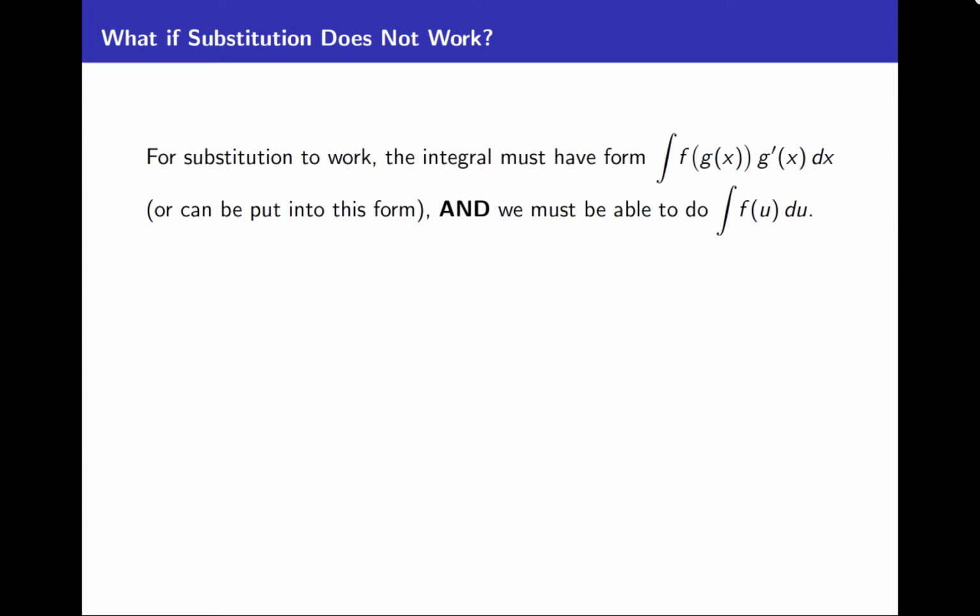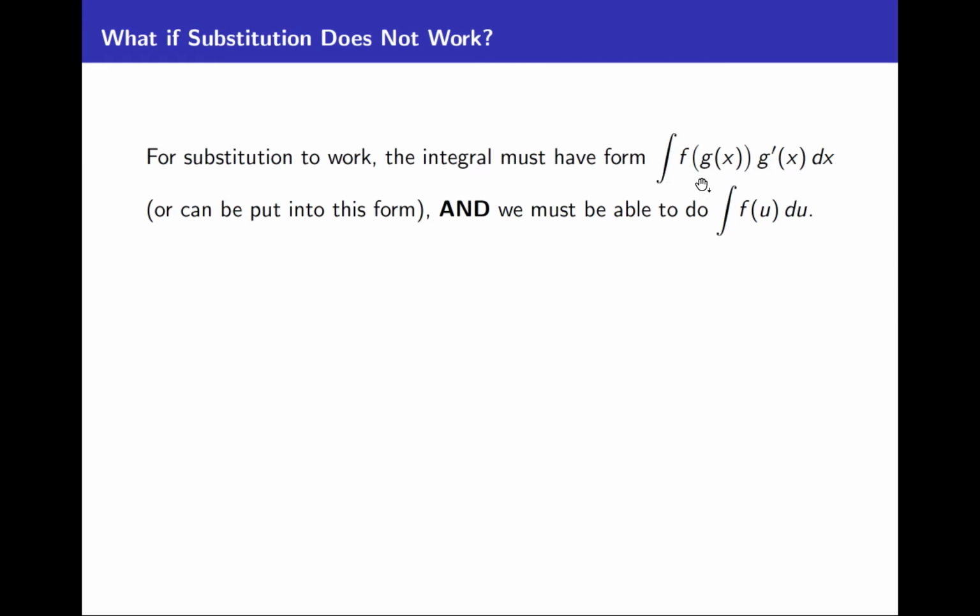First of all, it's a very fragile method. A couple of things have to happen before you can apply substitution. First of all, for substitution to work, the integral must have the form integral of f of g of x times g prime of x dx, so that you can make the substitution u equals g of x, and so du will be g prime of x dx, and you reduce it to a simpler integral.